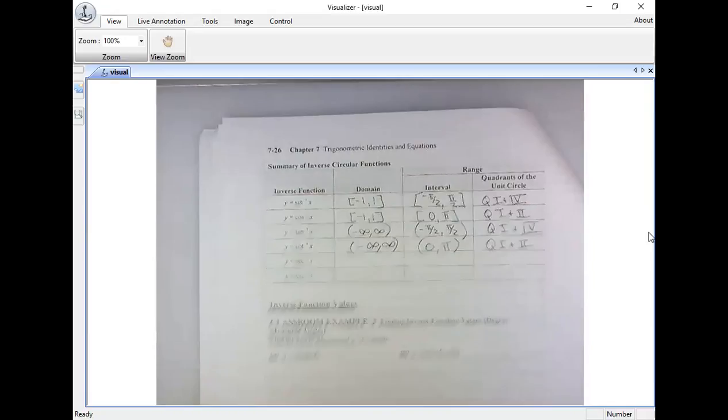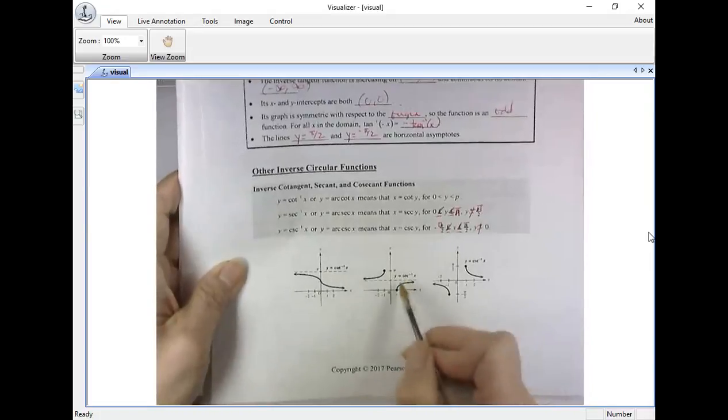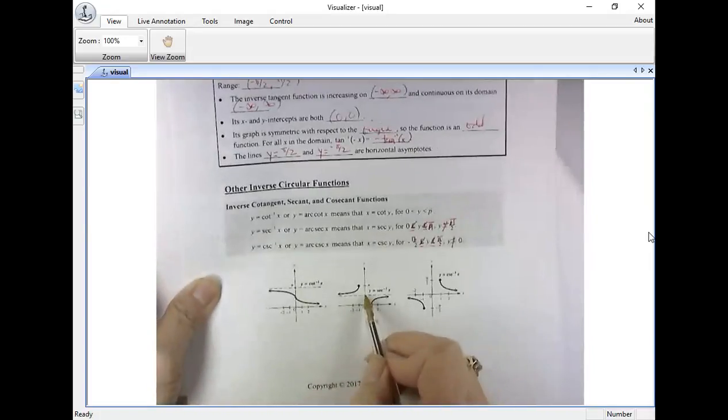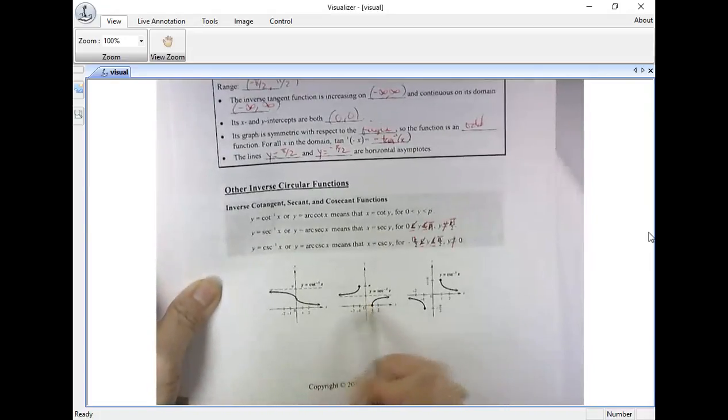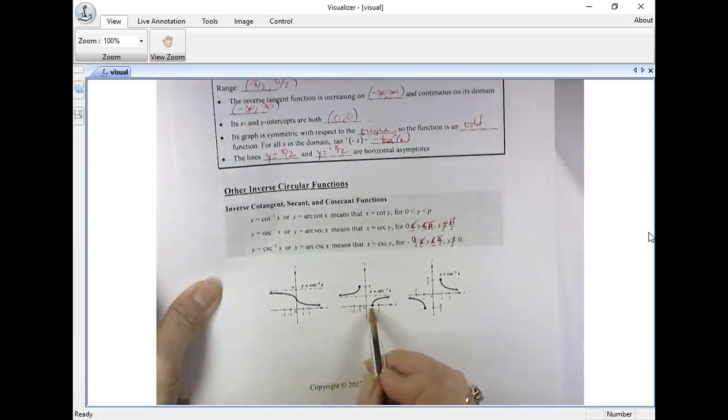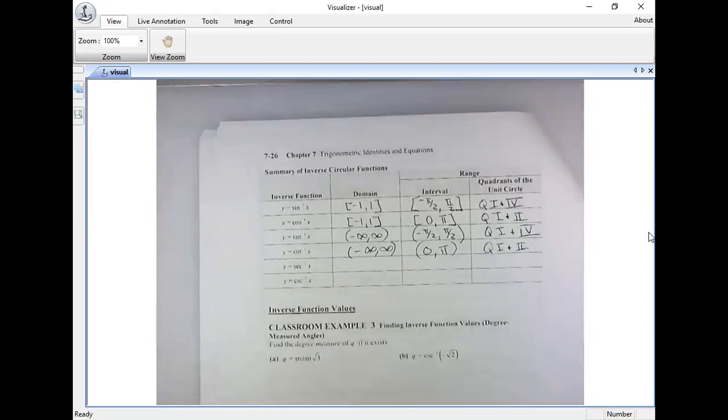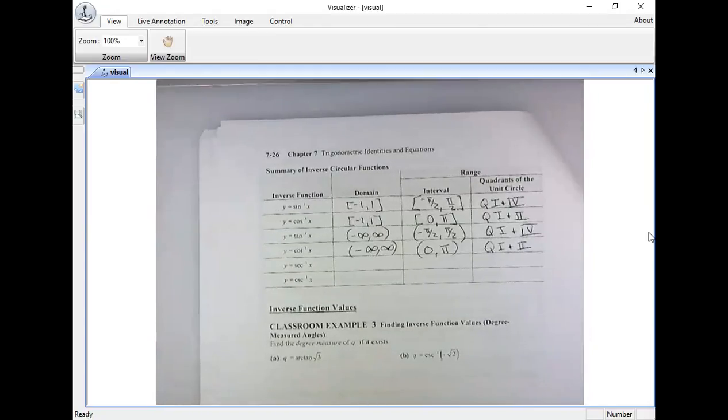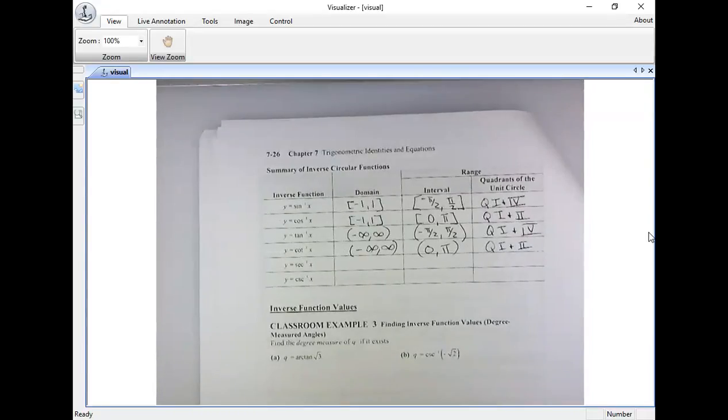And so if you look back at these graphs, okay, look at arc secant. I've got a gap here for my x values. What is not included? Do you see a gap between -1 and +1? Remember when we talked about this before, that since sine and cosine can only go from -1 to +1, that means that secant and cosecant have all the other values.